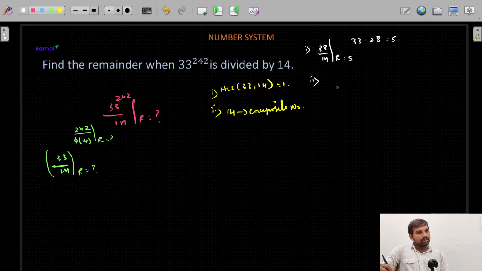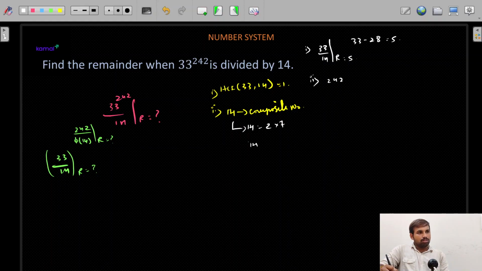The second thing: if I want to divide 242 by Euler-Totient of 14, first I have to find the Euler-Totient number for 14. So 14, if I want to prime factor, is nothing but 2 times 7.